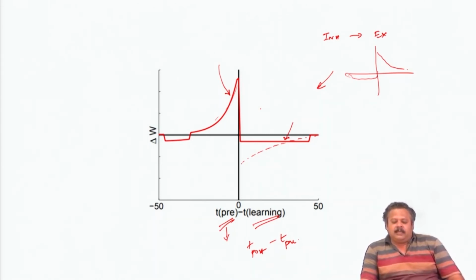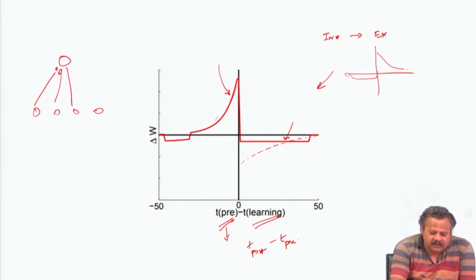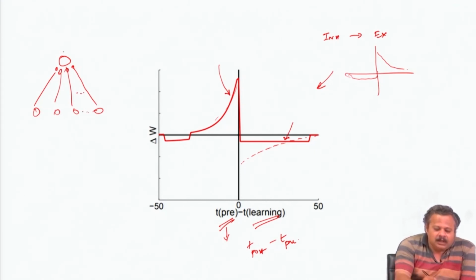So again, in this example that we have talked about, and the example that I am just mentioning here, it is a fairly simple kind of network where we have these capital N input trains, and we have these capital N synapses, and we have the output here.